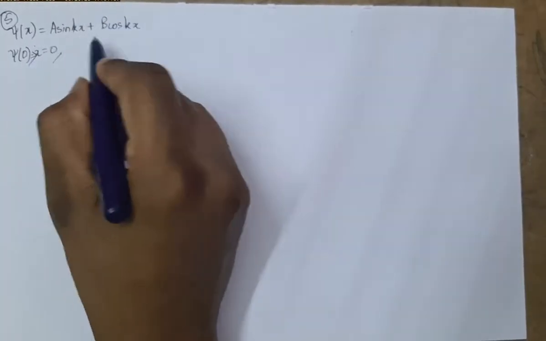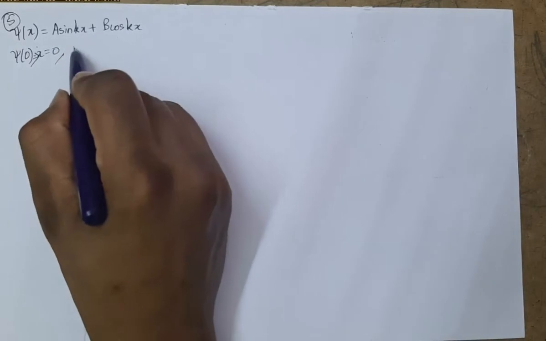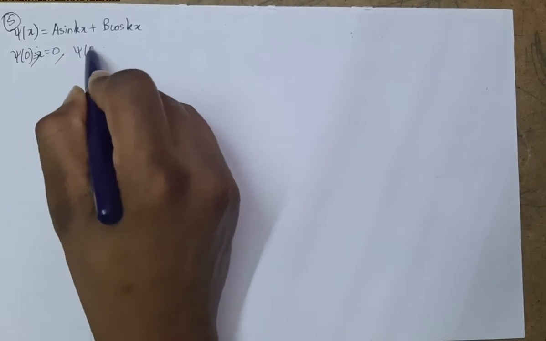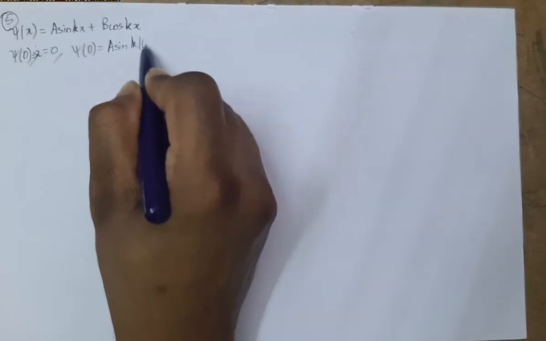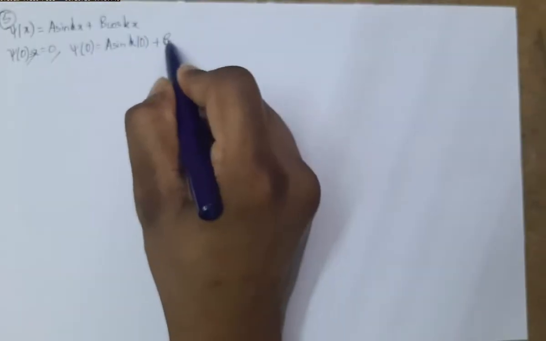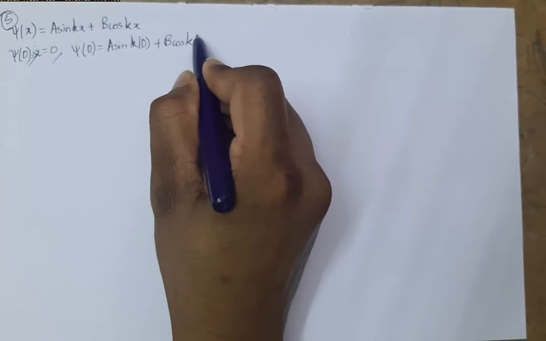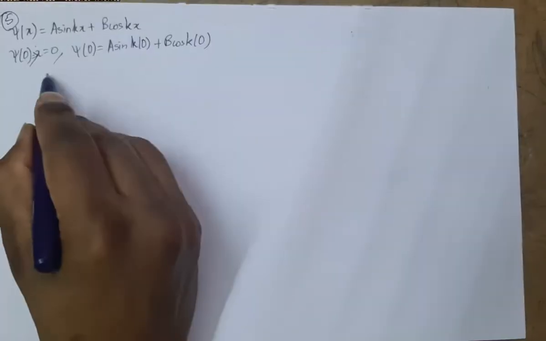Just substitute. We have psi of 0 equal to a sin of k times 0 plus b cos of k times 0.